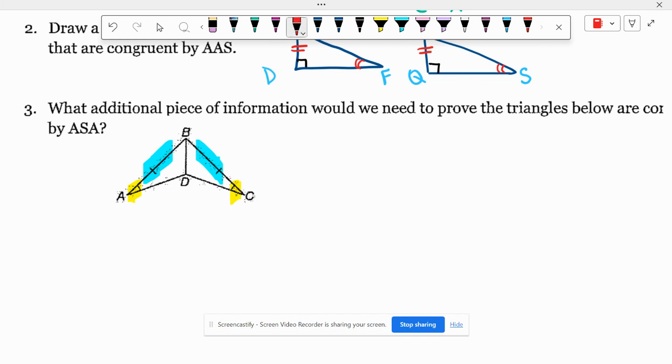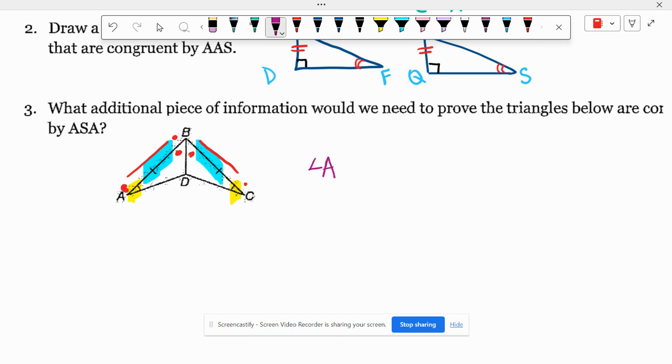If I start down here and I go angle, side, angle. Yeah, this angle right here, correct? Angle, side, angle. I can't just call it B because that's shared through both triangles. So I have to name it by the three letters that create it.